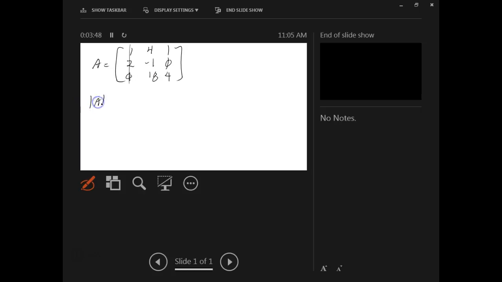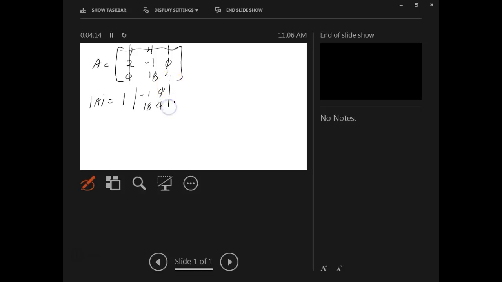The determinant of A would then be, we take that first entry, the 1, it's in a positive position, so it's just 1 times the determinant of what's left when you wipe out that row and column, the determinant of -1, 0, 18, 4.